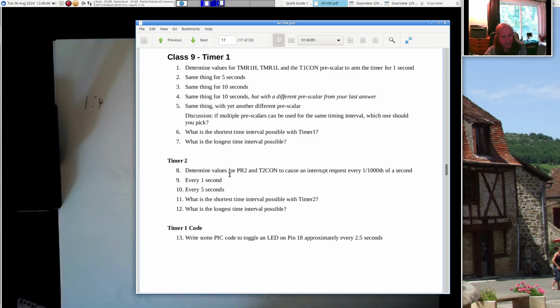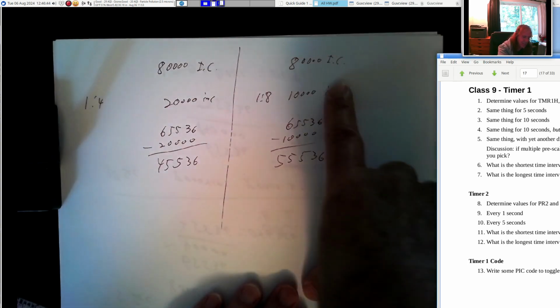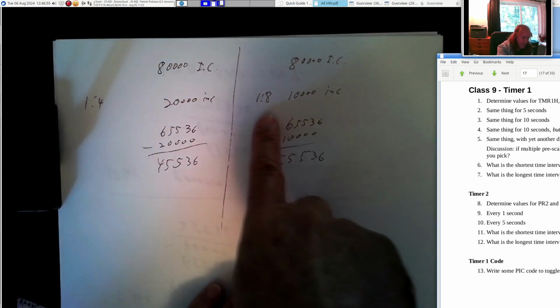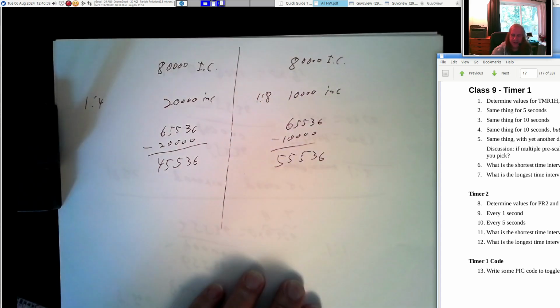So we're effectively increasing how long the instruction cycle lasts, right? We're basically saying the instruction cycle takes 2/8,000ths of a second instead of 1/8,000th, right? So the larger the prescaler, the coarser that chunk of time is, and the harder it's going to be to get exactly the timing interval that we want.